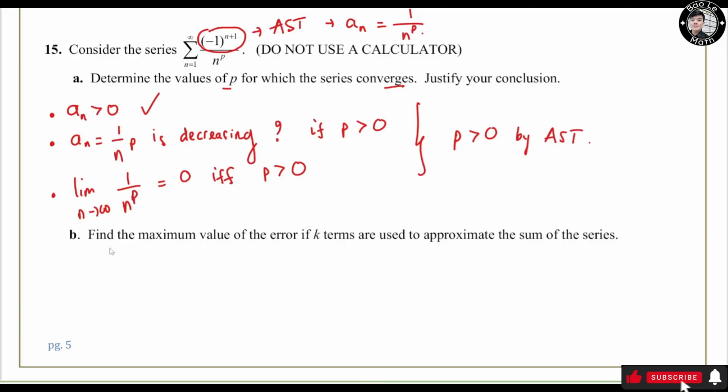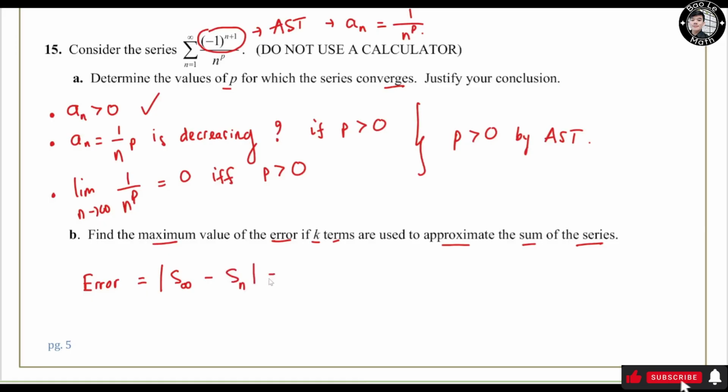Now question B. Find the maximum value of the error if k terms are used to approximate the sum of the series. So we're going to use the alternating series error bound. The error equals the absolute value of s sub infinity minus the partial sum.